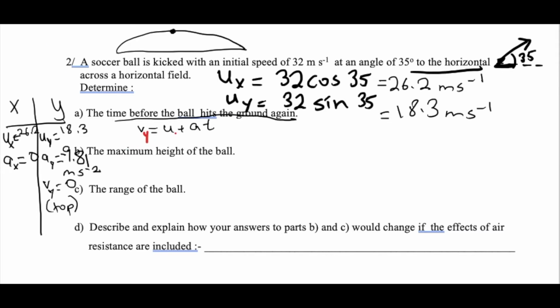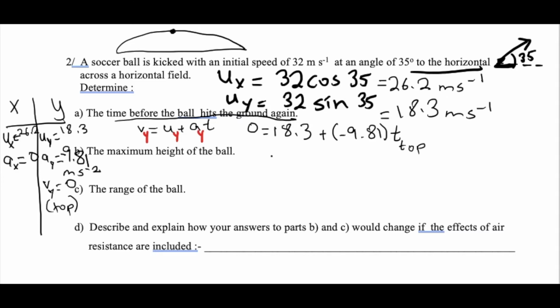This is now something I'm doing for the Y component only. So the V at the top is 0. The U initial Y is 18.3. And the acceleration is negative 9.81. This is going to give me the time to reach the top.